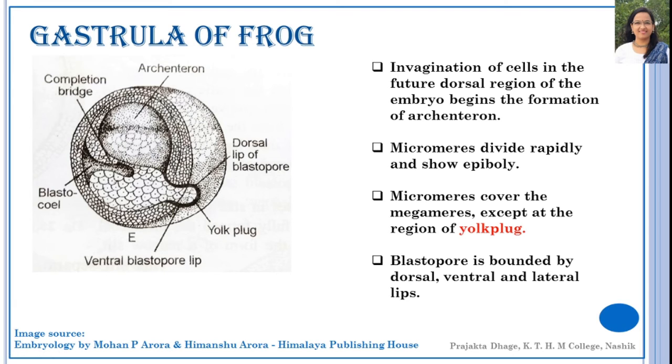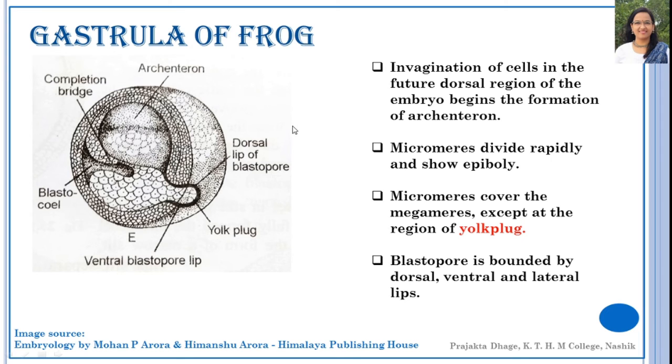Now, somewhere near the yolk plug, the invagination starts, forming the archenteron. As the invagination proceeds, the original blastocoel is nearly obliterated because of the inpushing of the layer of cells. Okay, so this was about the gastrulation in the frog.